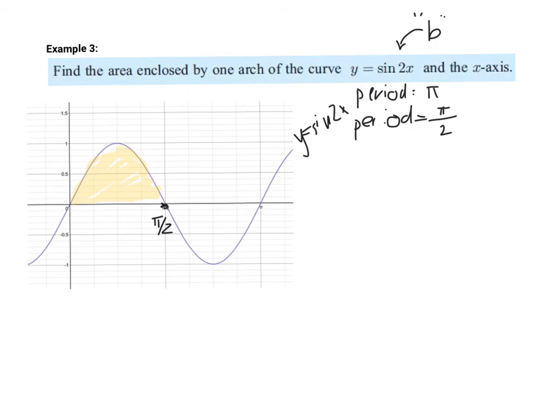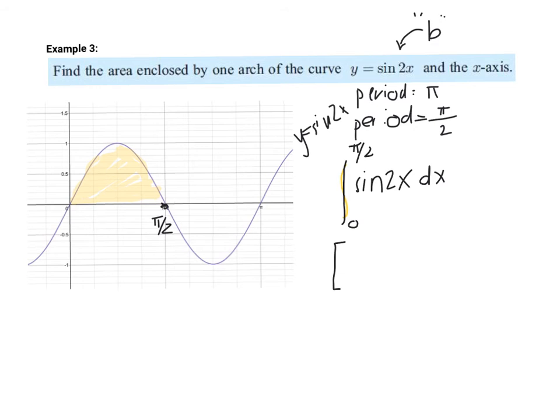So in order to do that, what I need to find is the integral of sine of 2x dx between 0, where that arch starts, and pi over 2, where that arch ends.